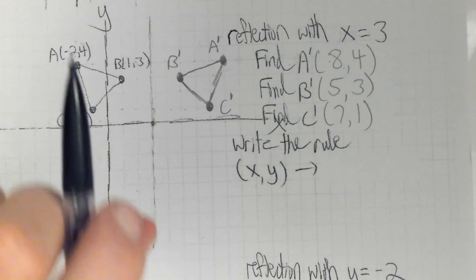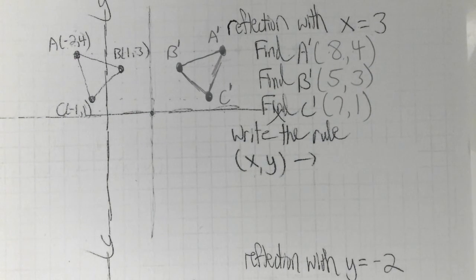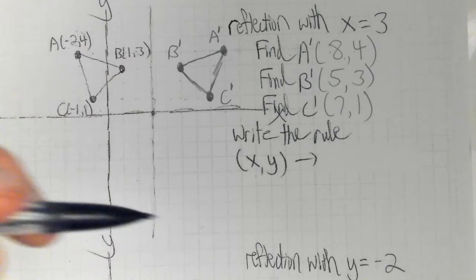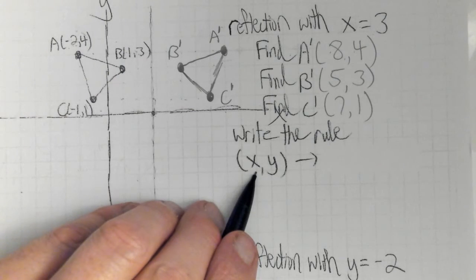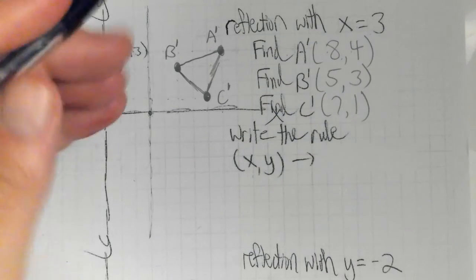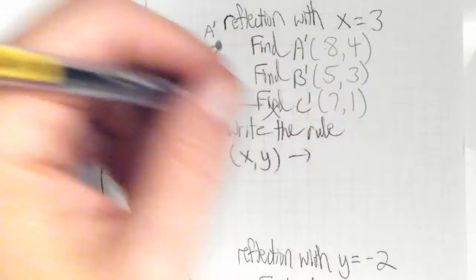All right? Now, when we go through and find the rule, what we're looking at first is changing the sign of this value, right? Changing the sign of the value is what we're looking at doing here first. And so when it's off of the axis, we're going to change the sign.